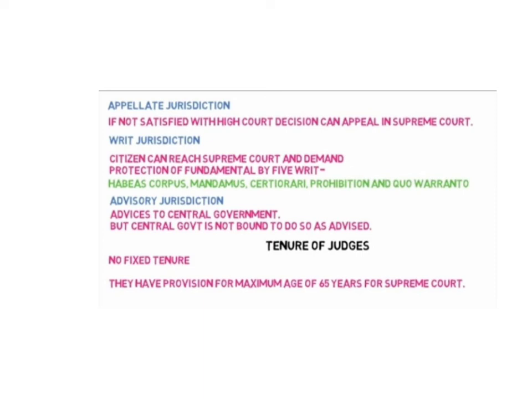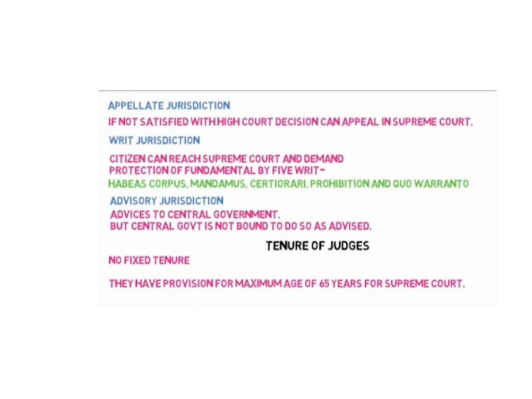If these are violated or not given to the people, then the people can go to the Supreme Court with 5 options: habeas corpus, mandamus, certiorari, prohibition and quo warranto. These are the options through which a person can get justice in the Supreme Court.